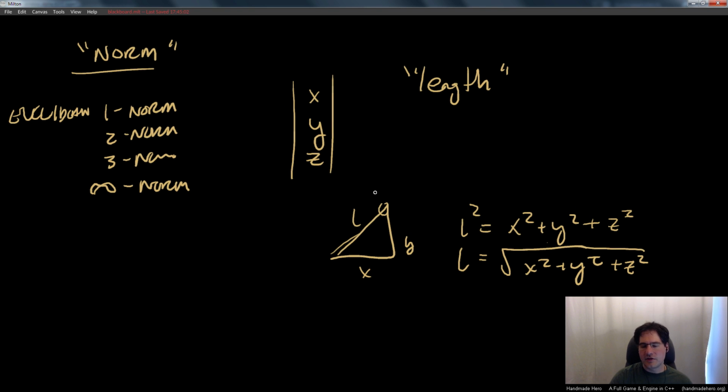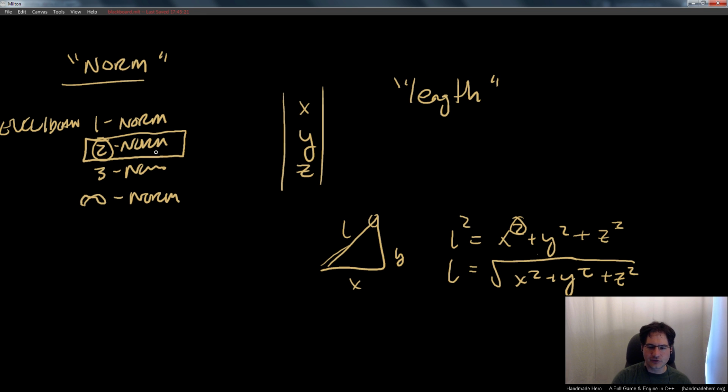So that is actually the 2 norm. That's actually what that is. The length, what we were taking here when we say length, is actually the 2 norm. What do we mean by 2 norm? Well, the 2 actually refers to the power.